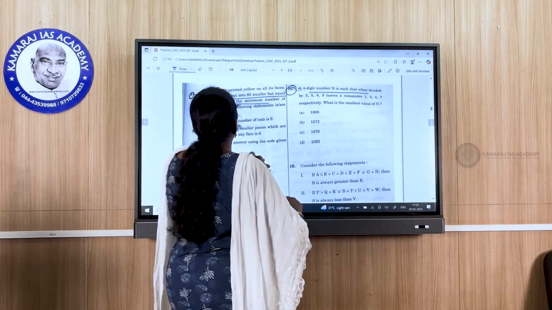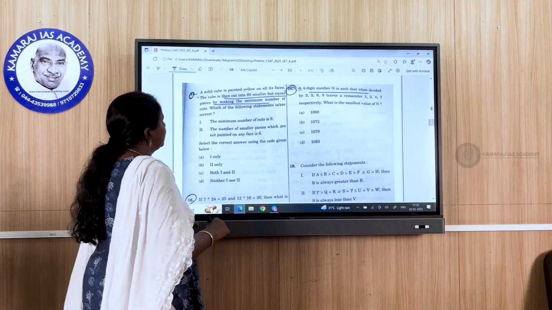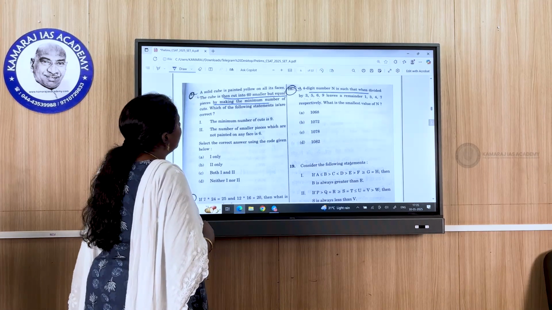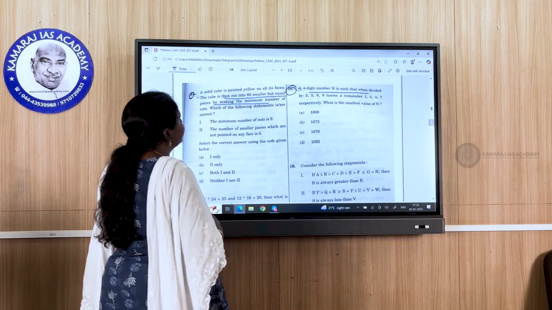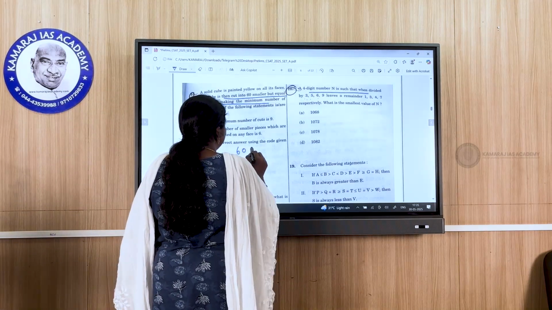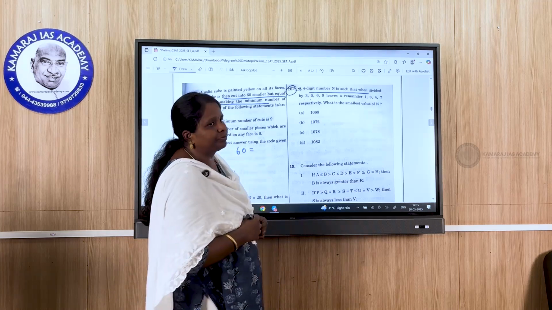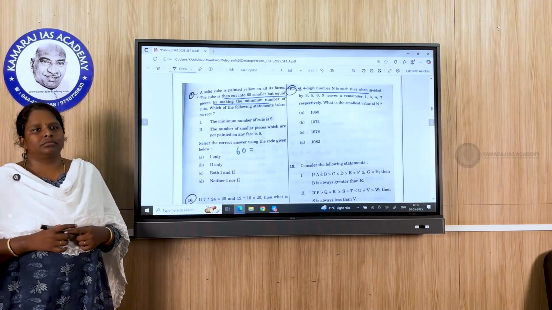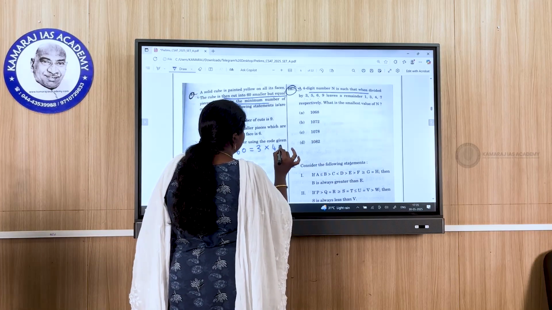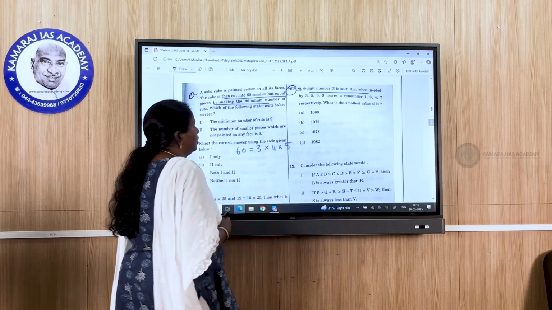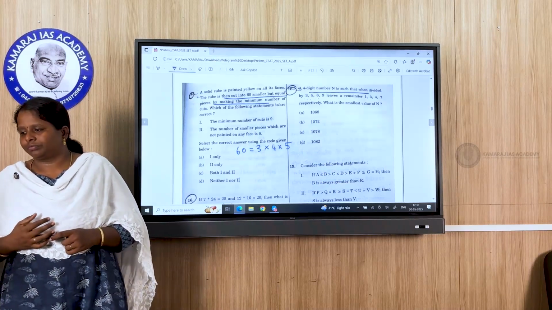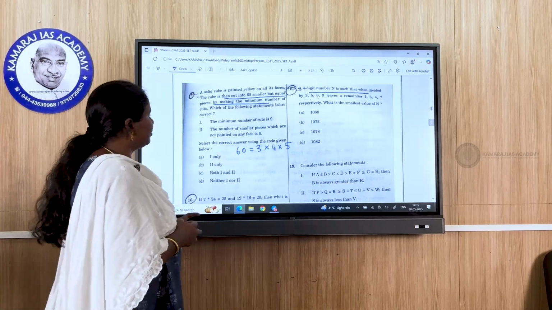The minimum number of cuts is 9 and the number of smaller pieces which are not painted on any of the faces is 6. So first, what are the factors of 60? 3 cross 4 cross 5. These are the factors of 60.